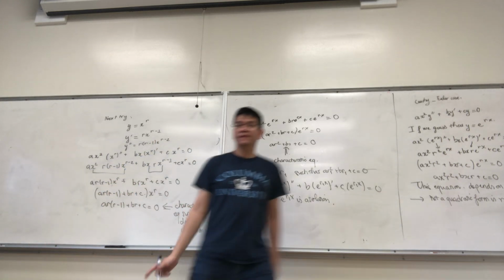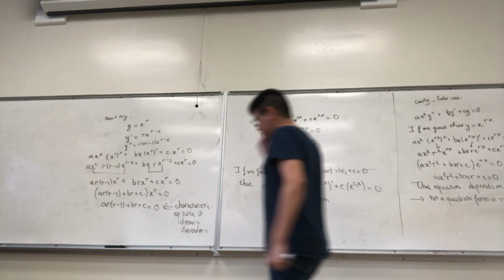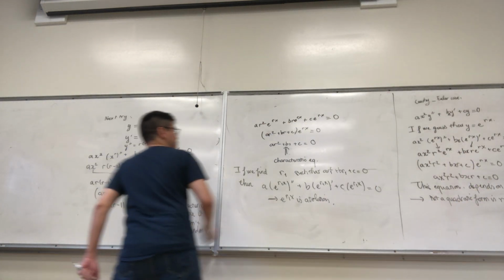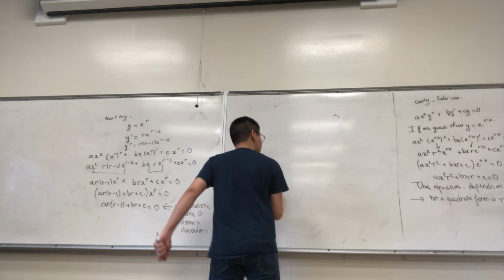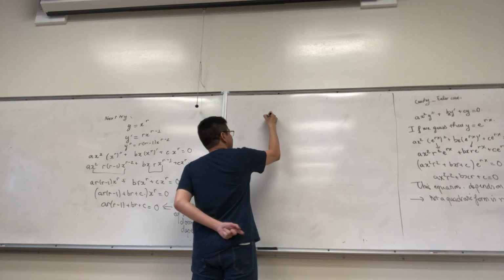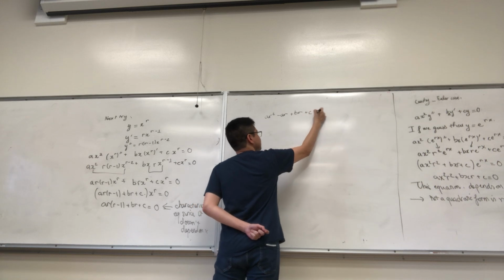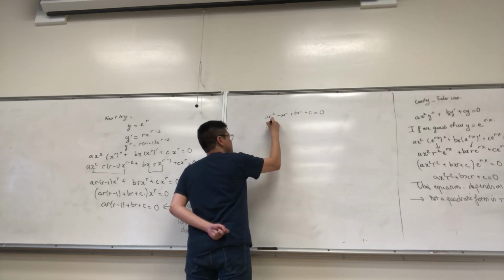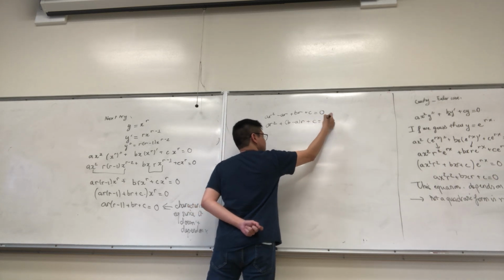All right. So now you can write this equation in the form ar squared minus ar plus br plus c is 0, and so this is ar squared plus (b minus a) r plus c is 0.